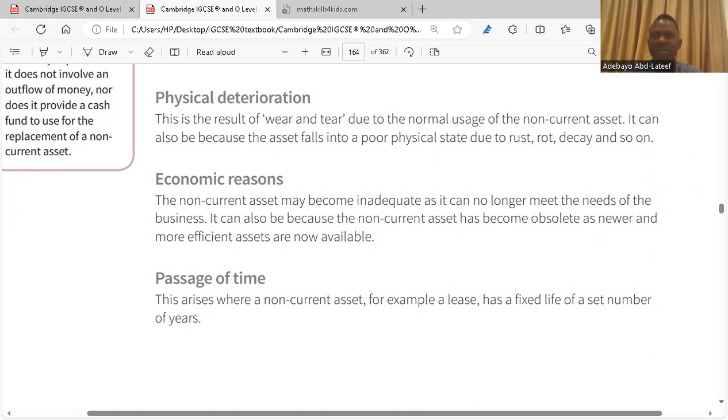Do we get it? Yes. So they are going to lose their physical state due to rot, decay, rust. I think that is clear. So if this happens to a non-current asset, it means it is depreciating. That means that asset has depreciated.